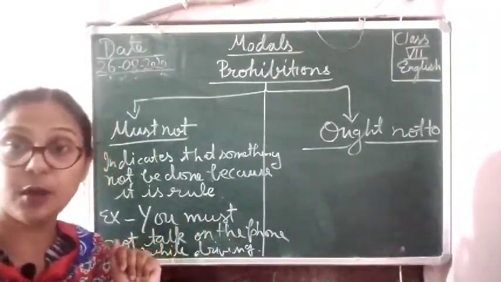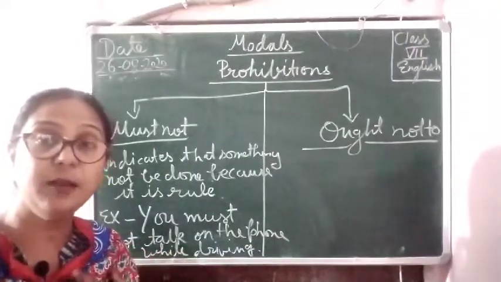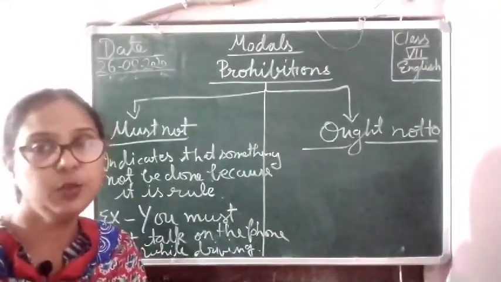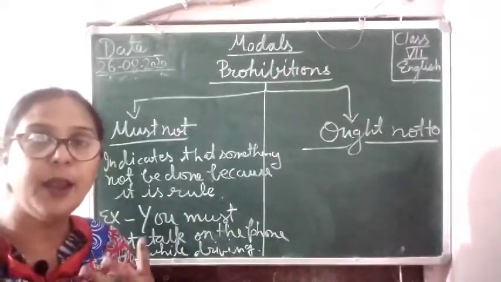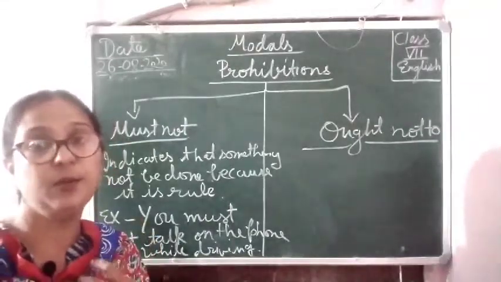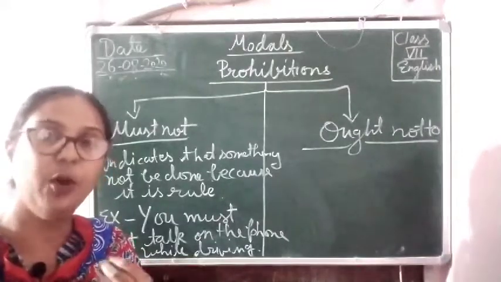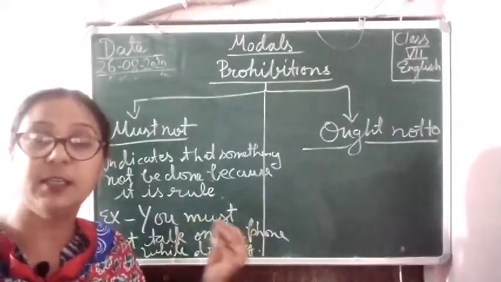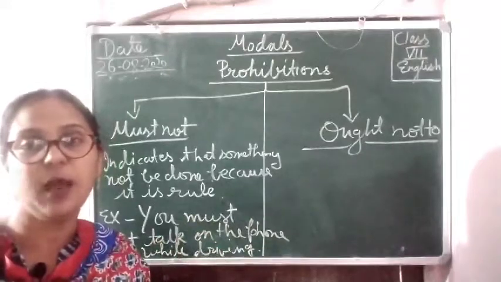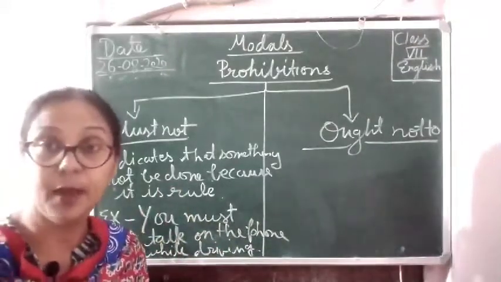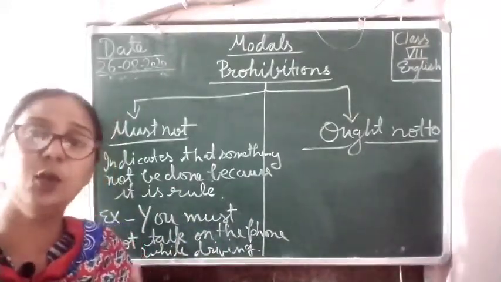Yesterday we talked about when we are supposed to use ought to. Ought to means you have some rules that you have to follow, but it depends on your choice. It is a suggestion given to you that you have to follow. But if you are not following, it is your choice.